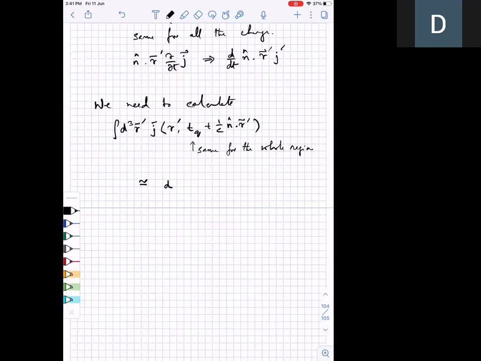Okay, this is my d dot, which is a plus, due to the second part over here, another term will come, right? So the second term will be d cubed r prime 1 by c n cap dot r prime then del t of j.